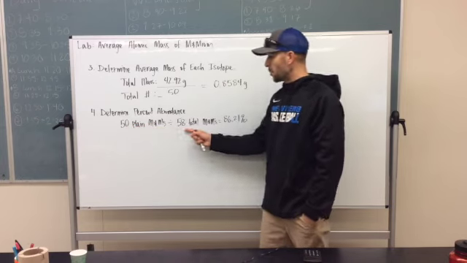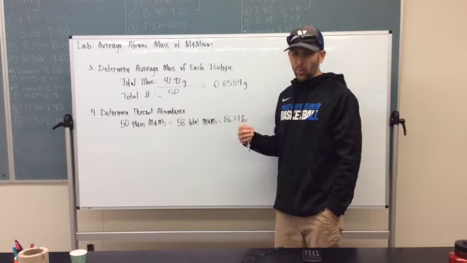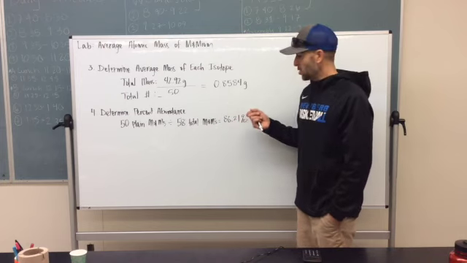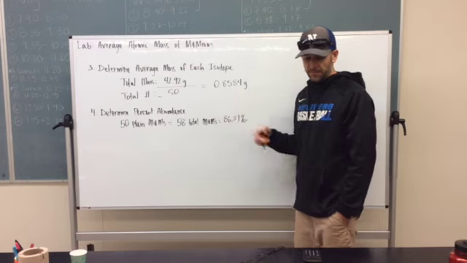Because both of these numbers are counting numbers and are therefore infinitely precise, we're going to pick a number of significant figures to include in our answer, which in this case, we're going to include 4 significant figures.